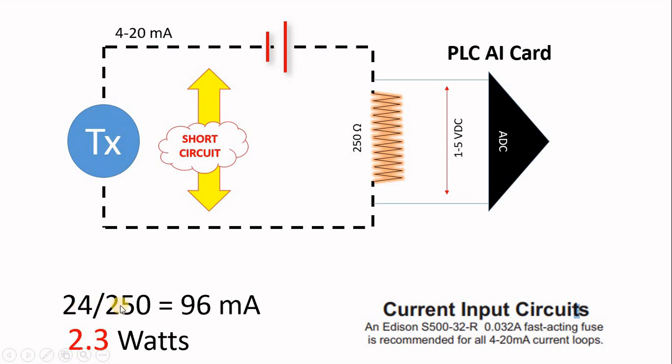So 24 volt divided by the resistance gives you 96 milliamp. That means you are having 2.3 watts in this resistance. Most of those resistors are 0.25, less than a quarter of a watt, so if you have a short circuit, you will blow up your resistance.